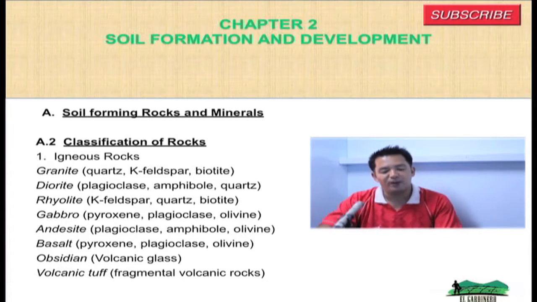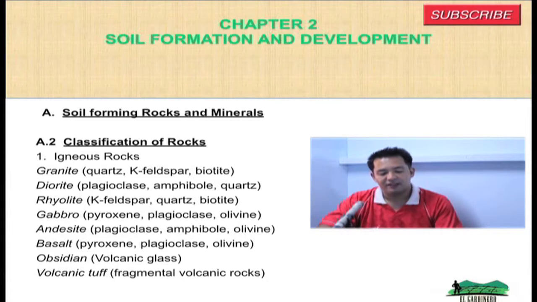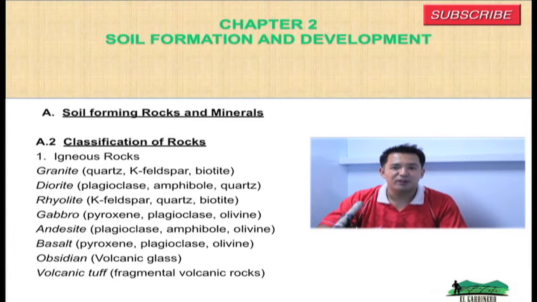We have the rhyolite, and the composition is feldspars, quartz, and biotite. We have gabbro, and then we also have andesites, we have basalt, and we have obsidian, and then of course volcanic tuff. These are examples of what you call the igneous rock.